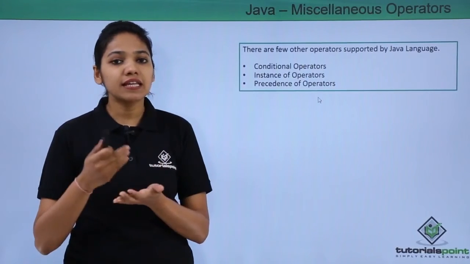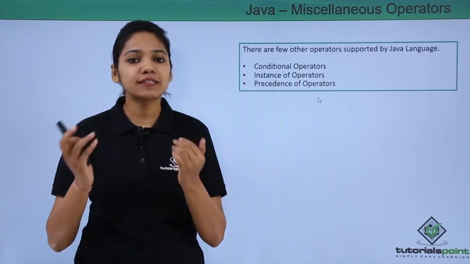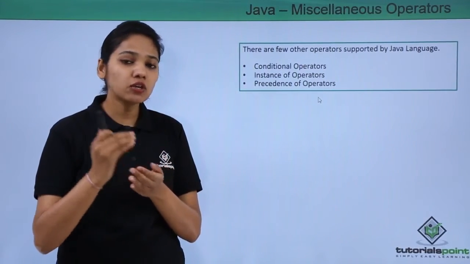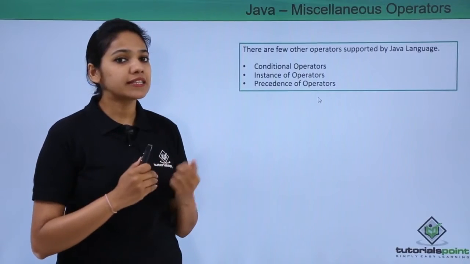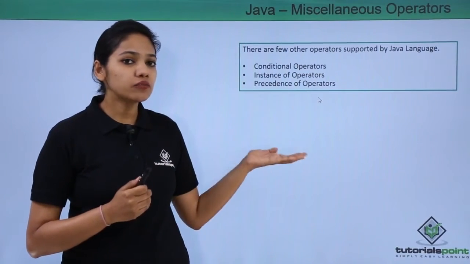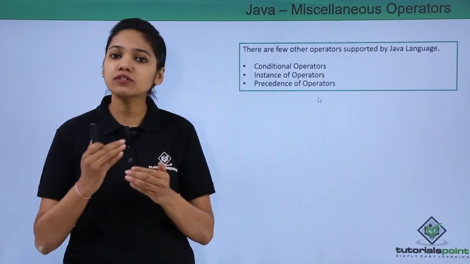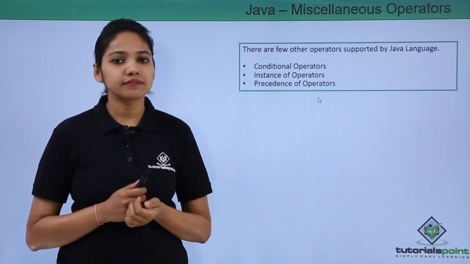And precedence helps you provide certain brackets or evaluate a particular expression over the other. So we will see each of them in detail to understand how they are useful in our programming.